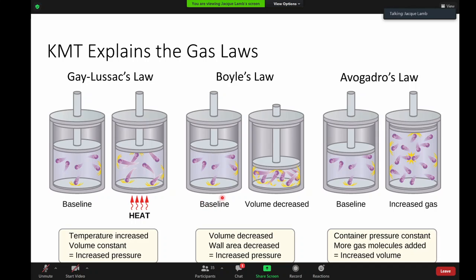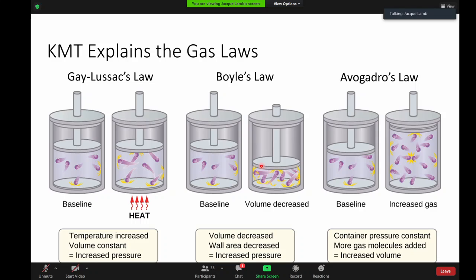How about Boyle's law? Remember, Boyle's law is P1 V1 equals P2 V2. So here is our baseline situation where we have a certain amount of gas, moles and temperature are constant, but we've changed the volume. We pushed down on this piston and we've reduced the volume.